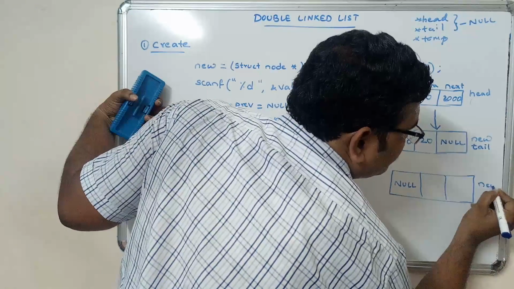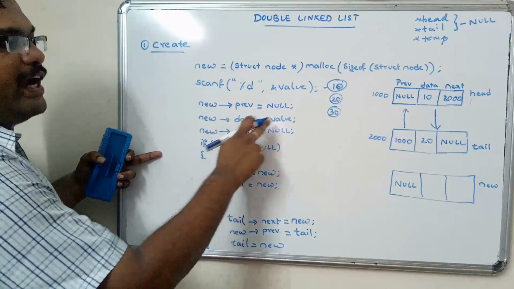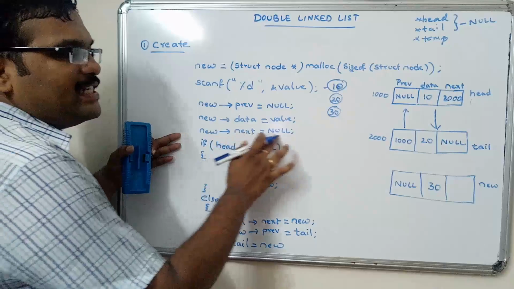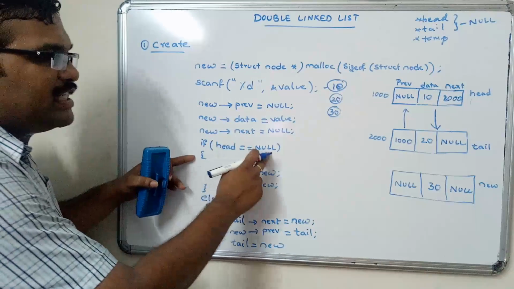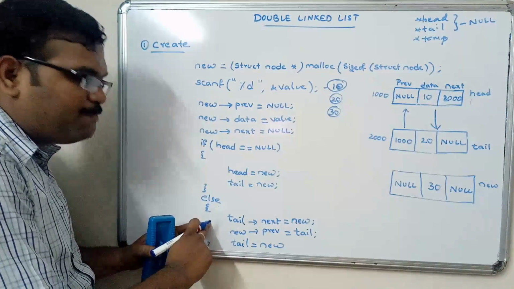It is new. New of data is equal to value, so 30. New of next is equal to null, again null. If head is equal to null: head is not equal to null, so the else part will be executed.